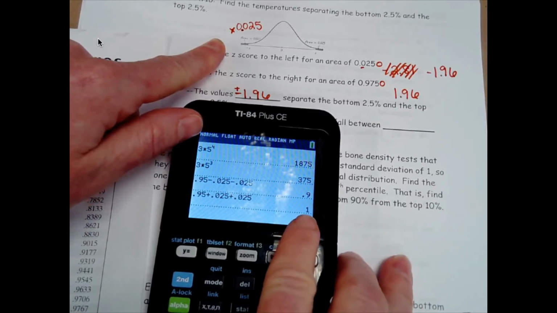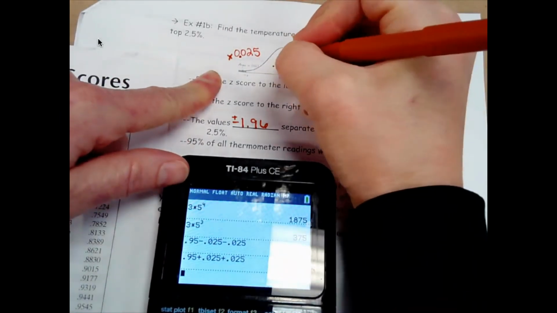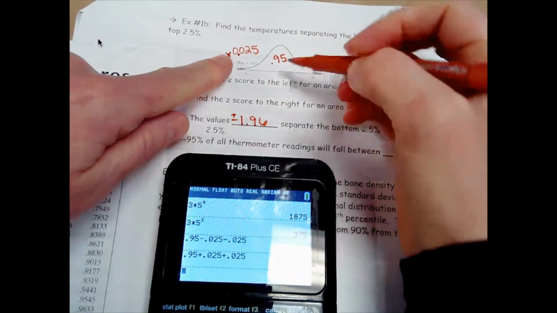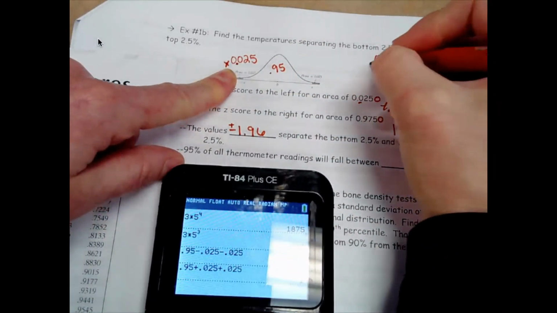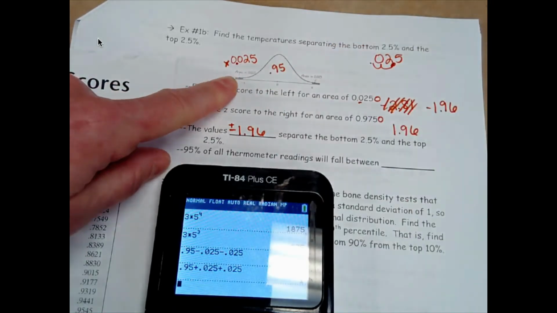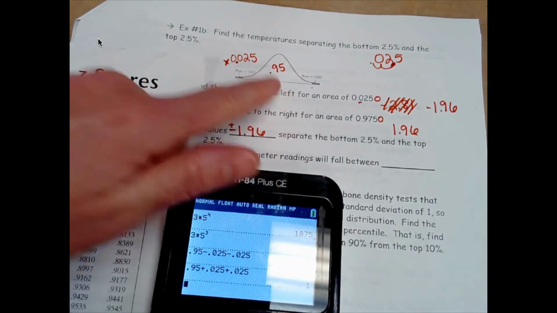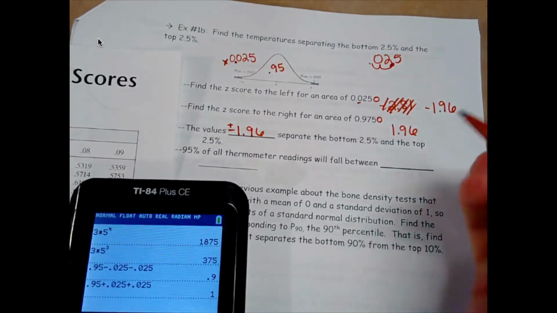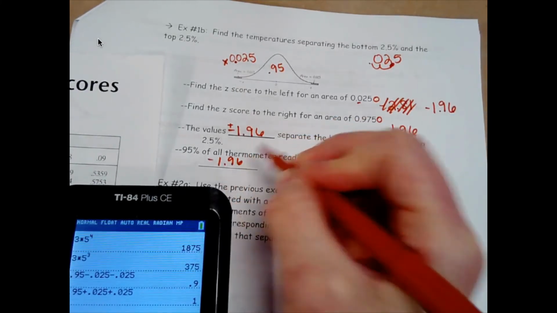That should equal 1. So 95% is in the middle, 0.95. And then you have the lower 2.5%, and the bottom 2.5% with the top 2.5% added with 95%. So they fall between positive 1.96 and negative 1.96.